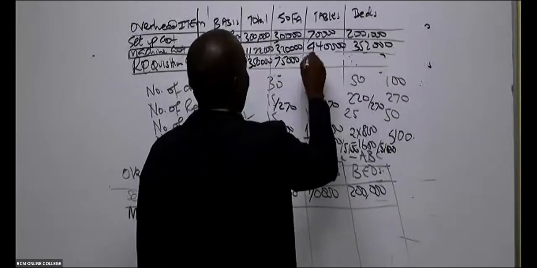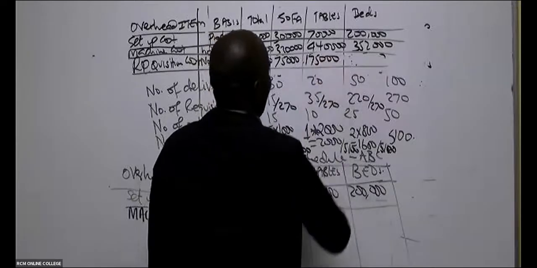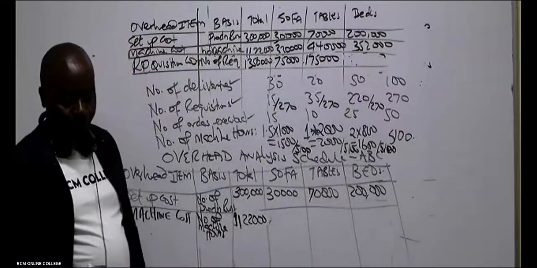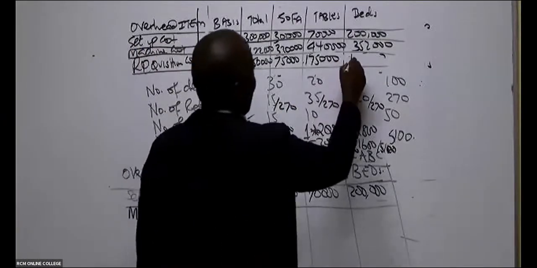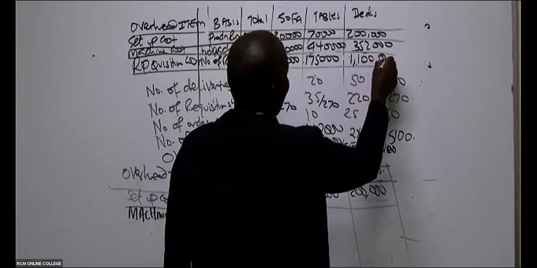So this is 175,000. How about beds? Beds, we have 1.1 million.